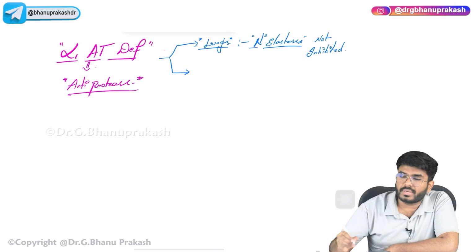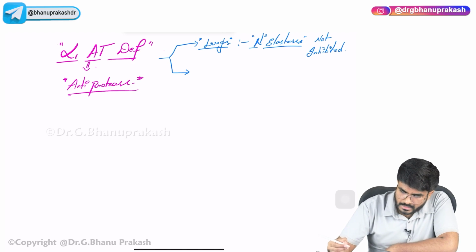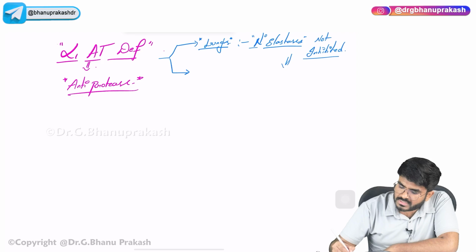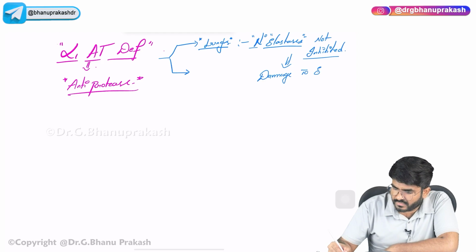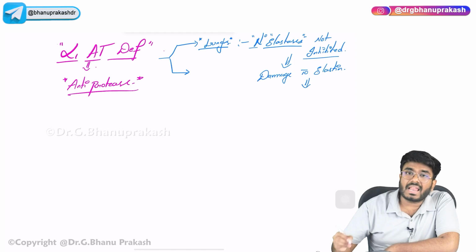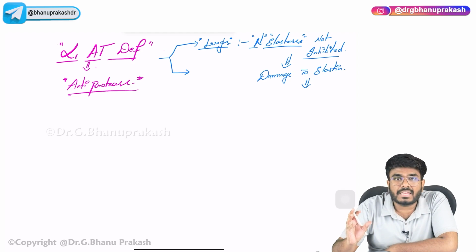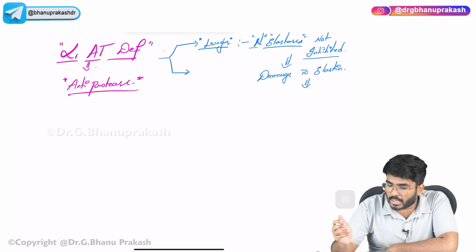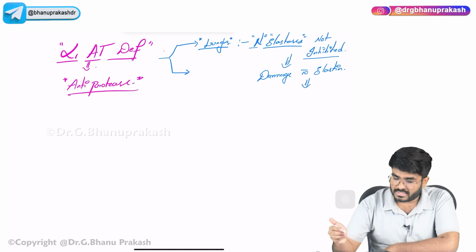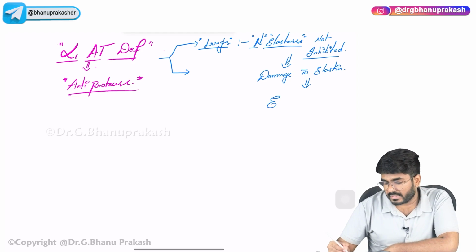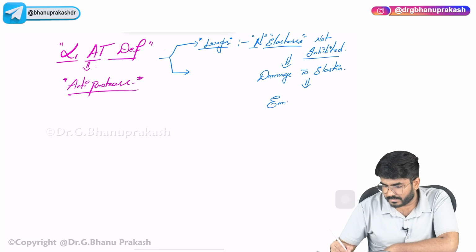As the name itself says, elastase, they will cause damage to elastin fibers. When the elastin fibers are damaged, the elastic recoil of the lungs will not happen, and the patient gets a disease called emphysema.